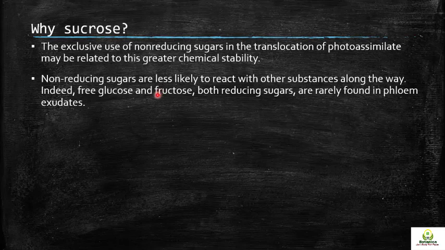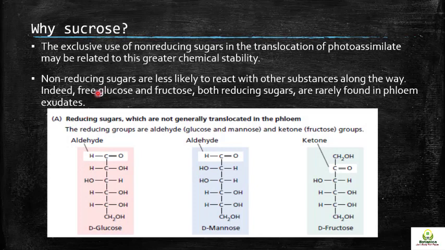But when glucose and fructose join through the glycosidic linkage, they make sucrose and it becomes inert. So here we have the reducing sugars which are not generally translocated in the phloem. Why are they not translocated?